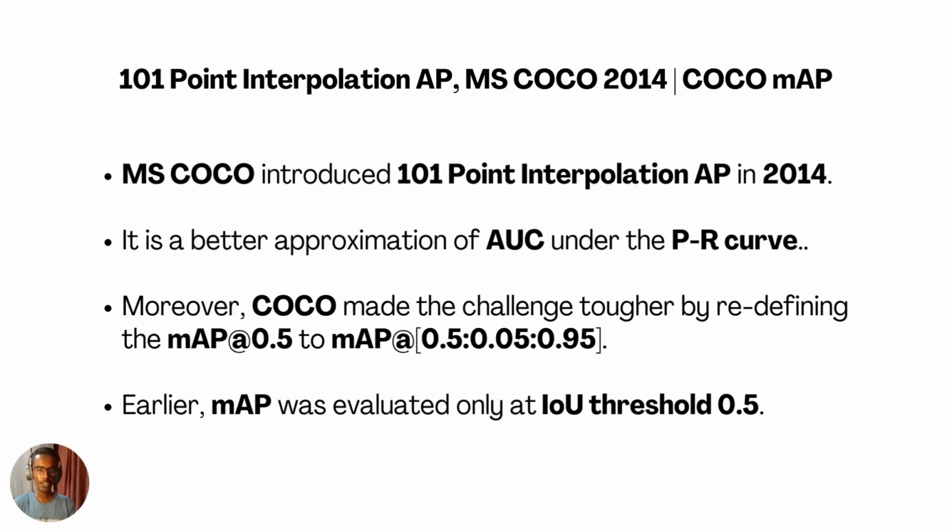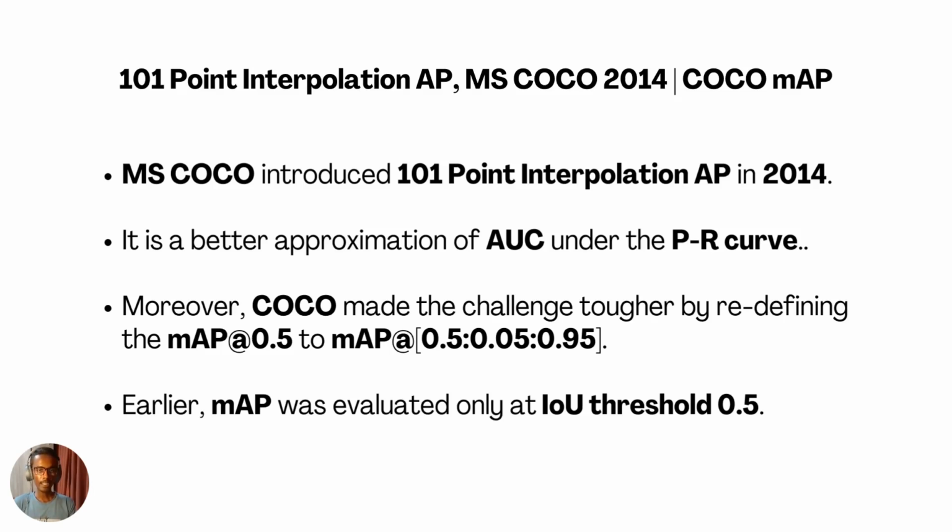Moreover, COCO made the challenge tougher by redefining the mean average precision at 0.5. So before, when we computed the average precision, in order to label all of the classes as true positive and false positive, we only used a threshold value for the IOU as 0.5. And the mean average precision computed at that IOU is just given as mAP at 0.5.